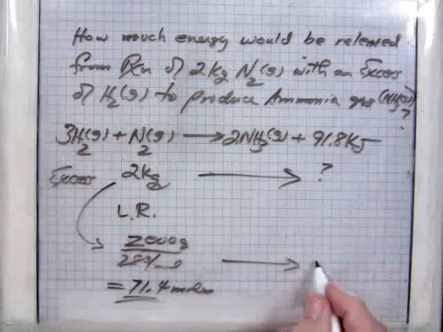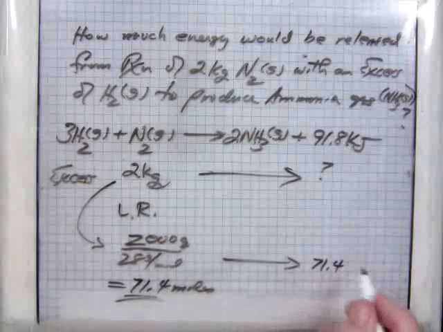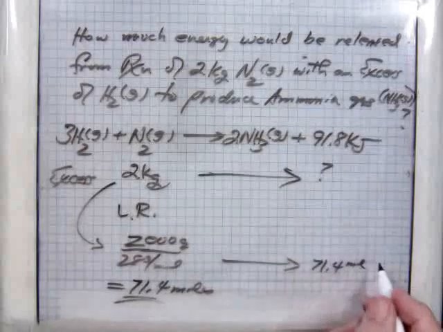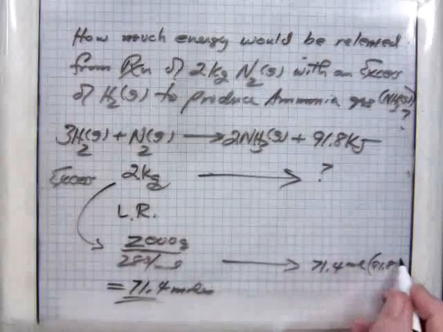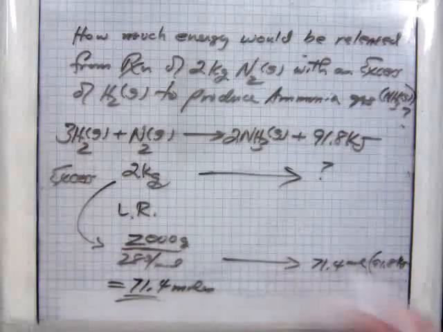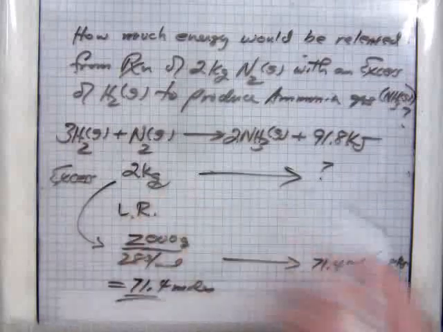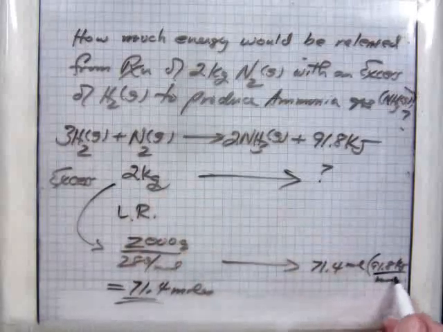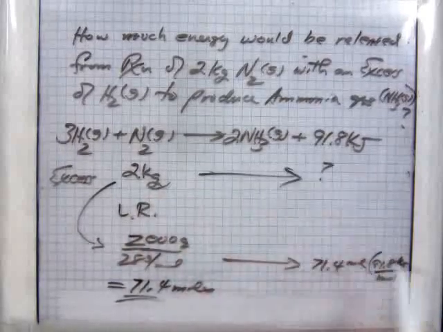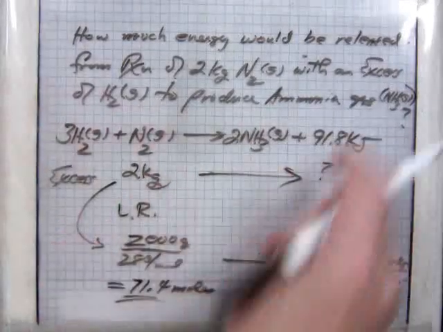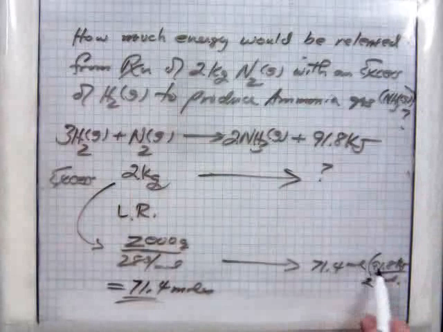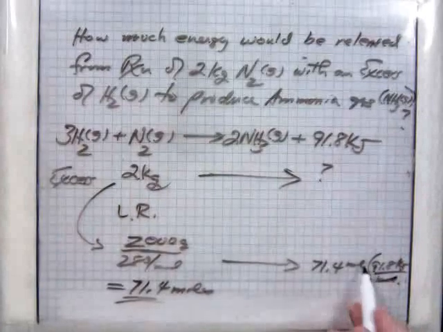So, this would be 71.4 moles times 91.8 kilojoules, well, for the reaction in here per mole of, per 2 moles actually. 2 moles, I should have reduced it.